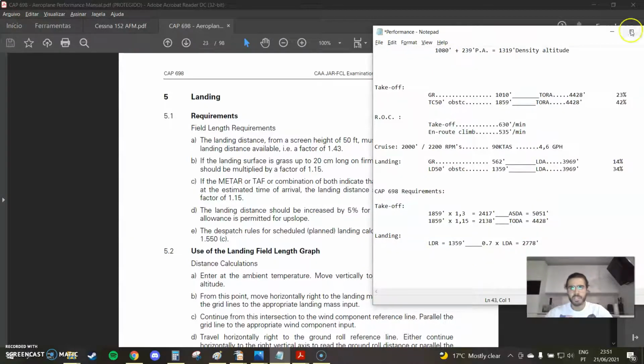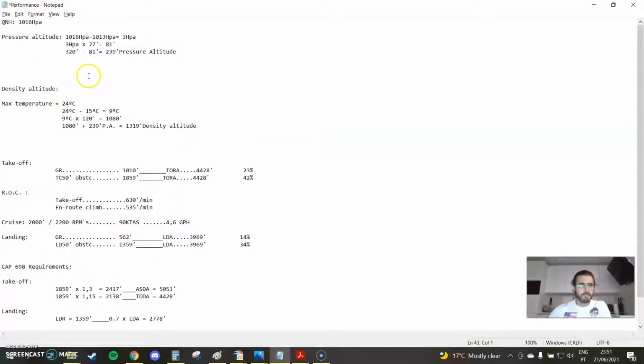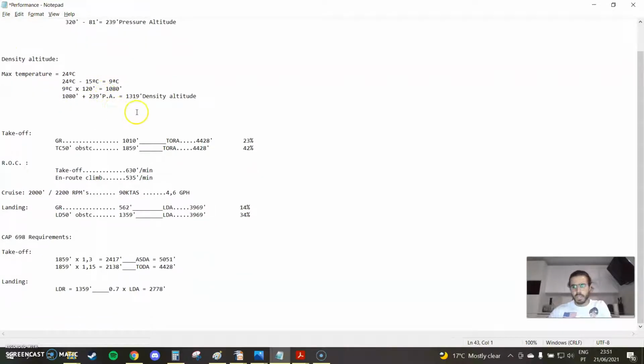Basically that's it. So guys, just to sum up, first of all, to do the performance calculations and go to the graphs, you just need to discover your pressure altitude. I hope I made myself clear in relation to that.